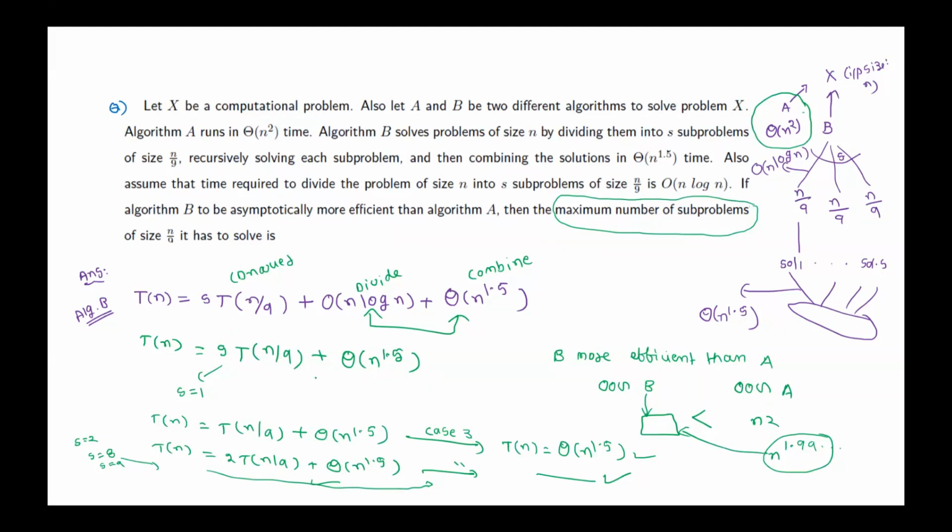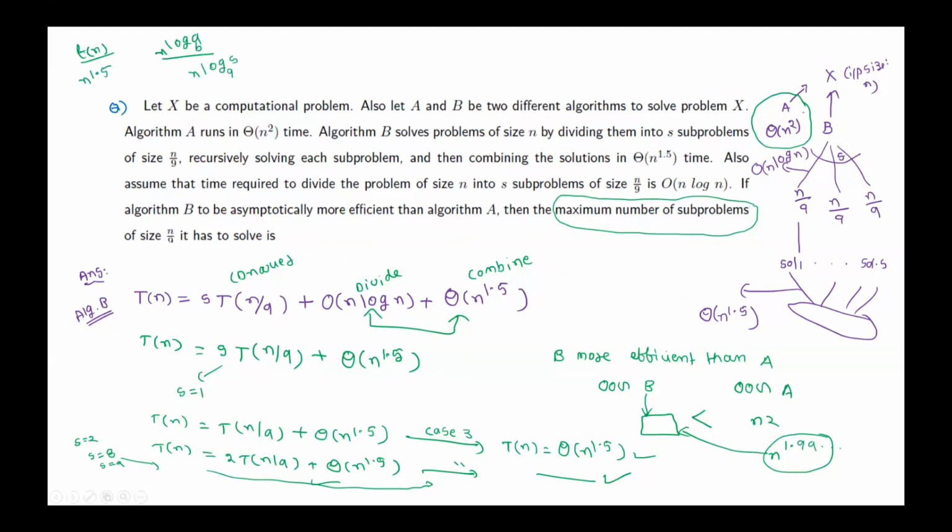Now you tell me which case of master theorem is applicable if the overall answer can be even more than n power 1.5. Every time we compare f of n and n power log a base b. f of n is n power 1.5. What is n power log s base 9?